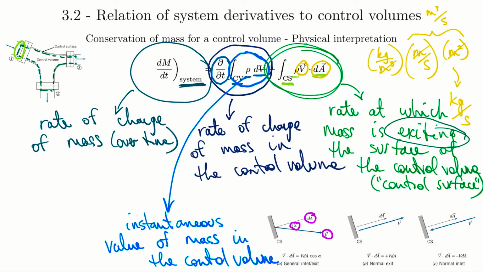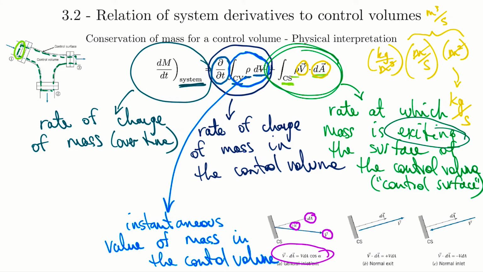In this case, where velocity is exiting this control surface, it's not normal to the surface. So for v dot dA, we remember it's the magnitude of v times dA times the cosine of that angle. That's the general case.